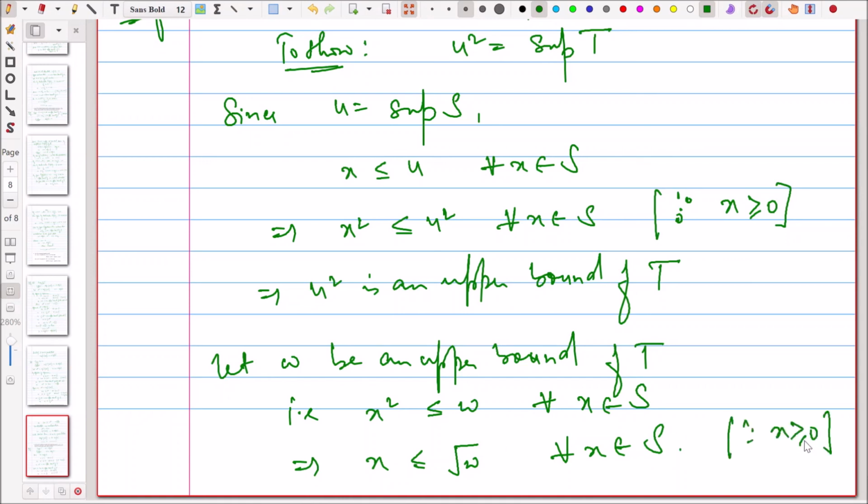Since X is positive, we can take the square root and the inequality will be preserved.